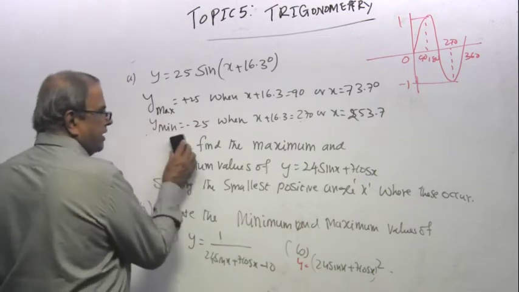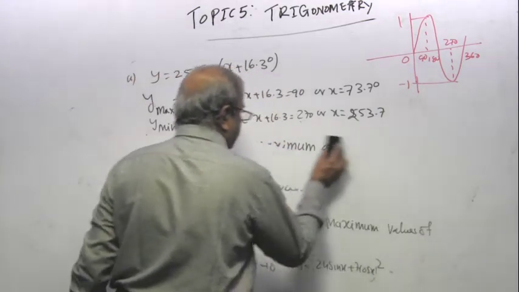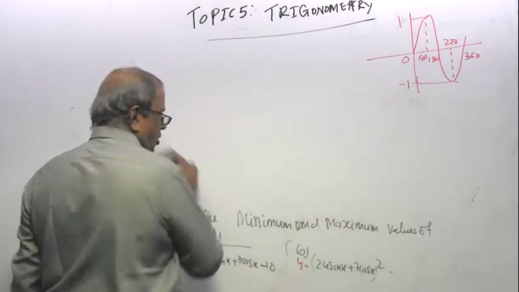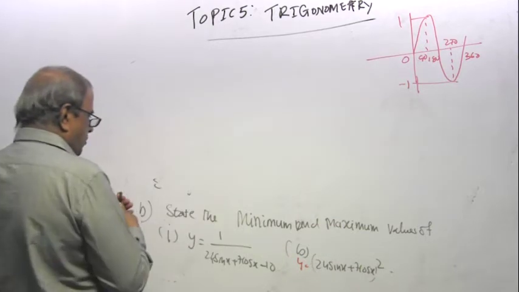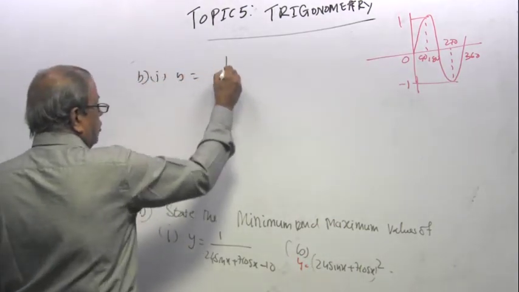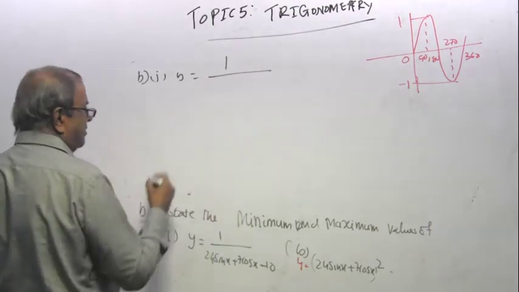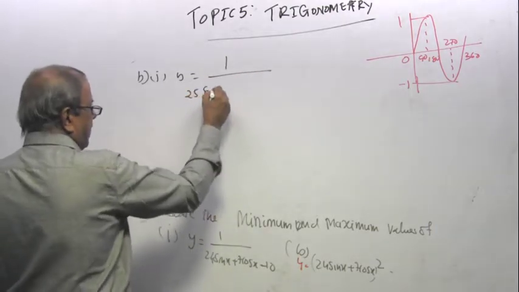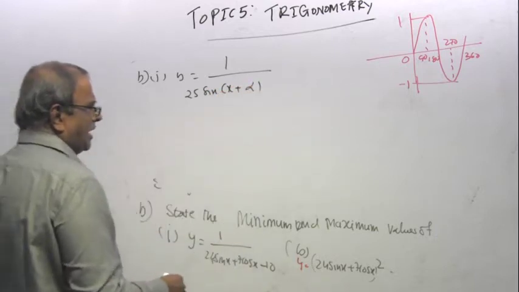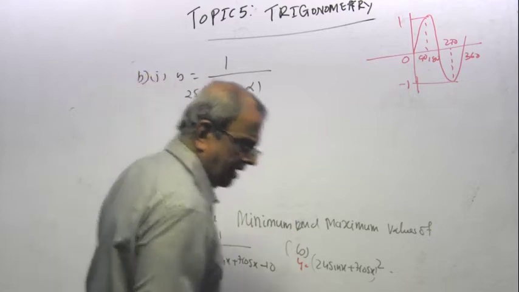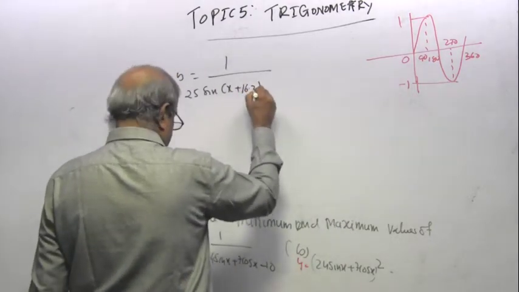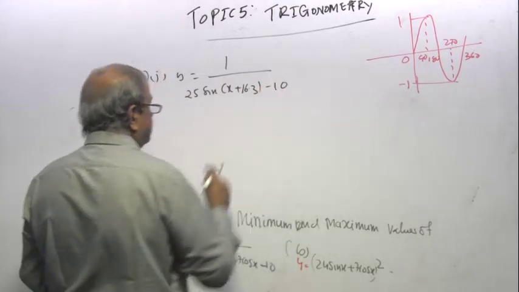Let us look at the next bit. In part B, I want the maximum and minimum values of y equal to 1 over (25 sin(x plus alpha) minus 10), where alpha is 16.3.